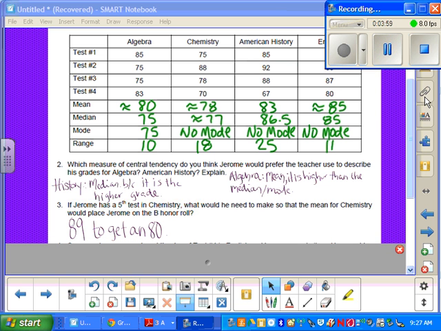With number 3, if Jerome has a 5th test in chemistry, what would he need to make so that the mean, remember, mean is average, for chemistry would place Jerome in the B honor roll? So he would need to get an 89 to get exactly a B, an 80.